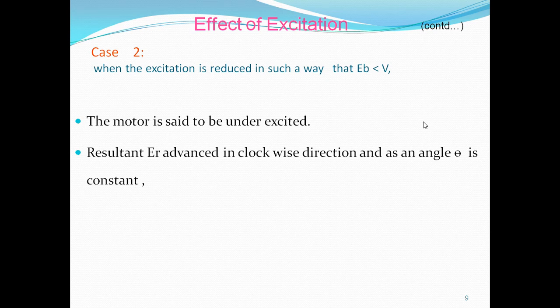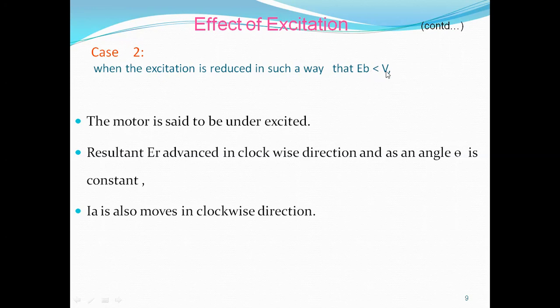The motor is under excitation. The resultant vector ER advanced in clockwise direction. That means ER is like this, it is moved clockwise direction, and internal angle is constant. IA is moved in clockwise direction.